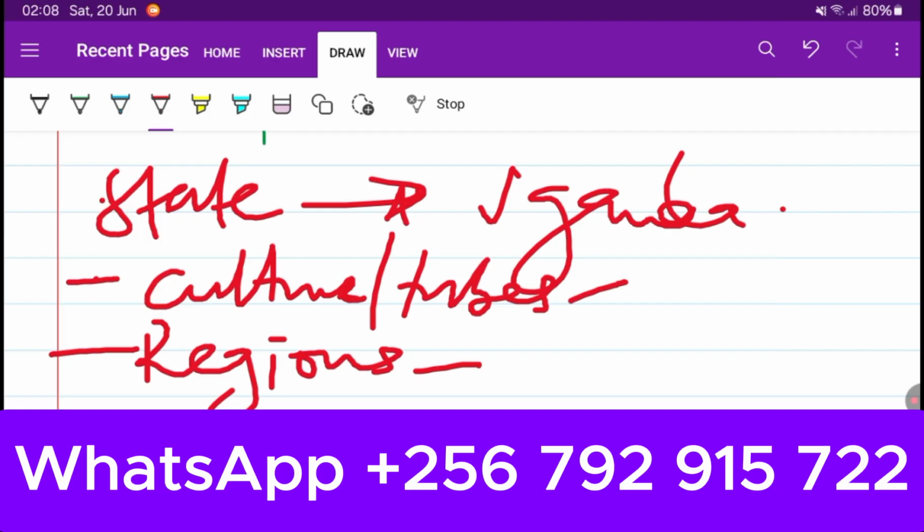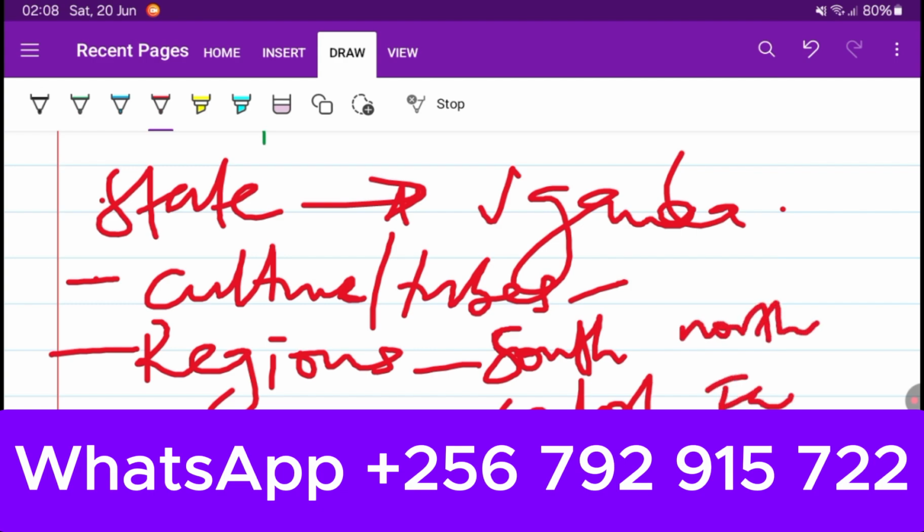But we pick people if we have picked maybe in the south, in the central, in the north, eastern, and then the West Nile. We pick people, maybe we say we are going to pick 10 from each of the regions.